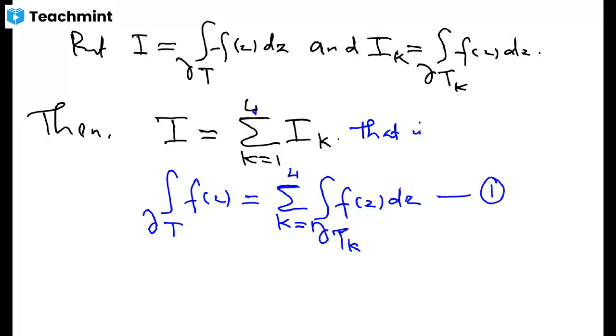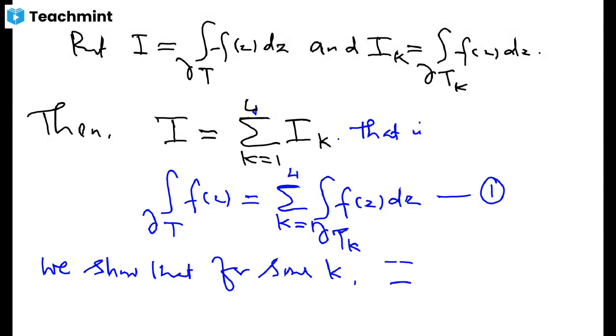Now, we claim that for some k, out of these four values of k, there is some k for which you have this inequality: the integral corresponding to that k, modulus of Ik, is greater than or equal to 1 by 4 of the modulus of the integral of f over T. We have to prove this.